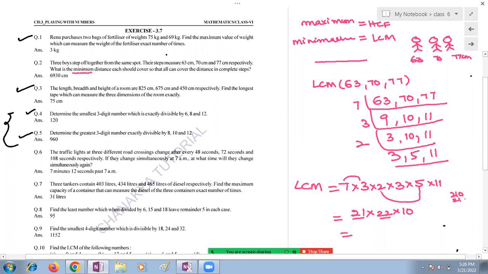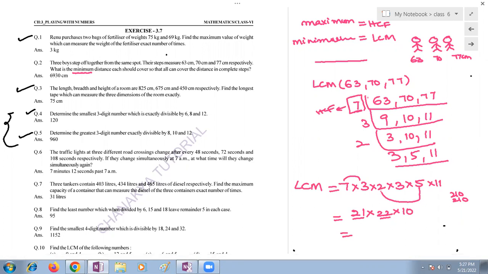Ma'am, like HCF, do we have another method for the LCM also? Same, Nana. Here the HCF is only 7, because all 3 numbers are divisible by that number. Whichever number divides all the numbers, that number we can say is the HCF.